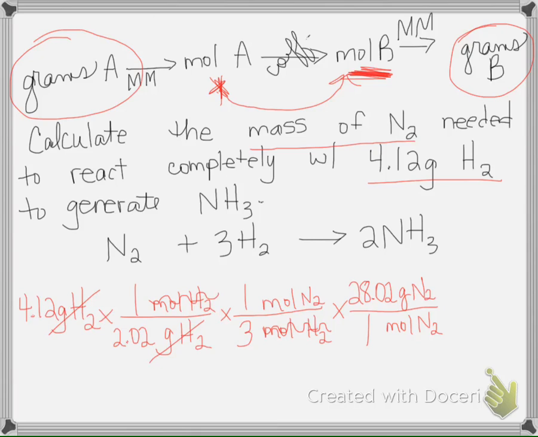So moles of nitrogen is going to cancel. And I'm left with grams of nitrogen, which is what the question asked for. Calculate the mass of nitrogen. So all I have left to do is calculate it with my calculator. I got 19.0 grams.